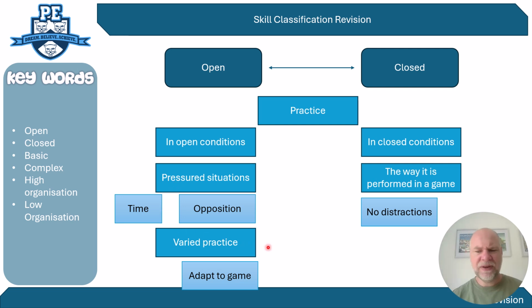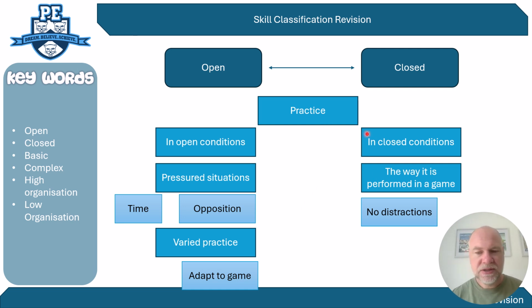So it could be like an attacking drill where you start off with attack. And this is where varied practice comes in. You start with an attacking scenario, and then you might put some defenders in place, and then you might restrict it to a 30-second time limit to try and create a goal scoring opportunity. But the idea is you're trying to get the players to learn how to adapt to game scenarios.